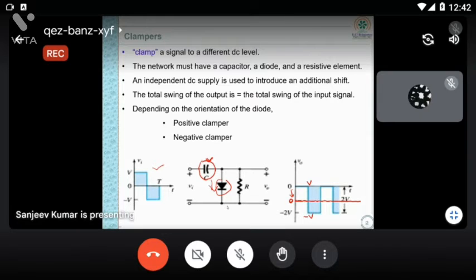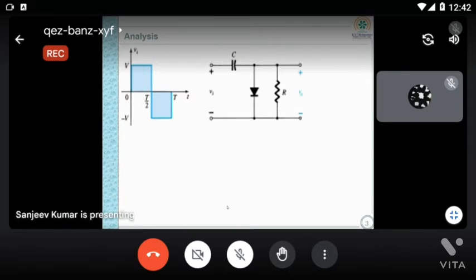Now we'll go for the analysis part, how it is doing clamping, the DC shifting. Now we'll analyze this circuit based upon the clamper circuit and what steps are followed.